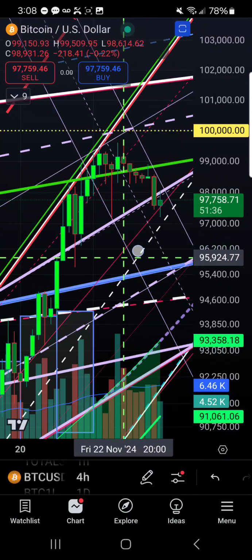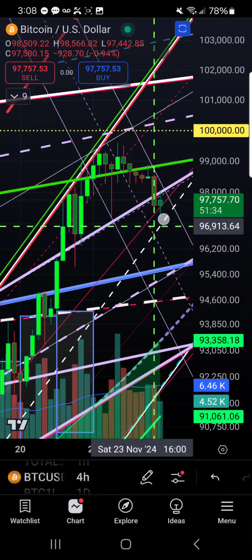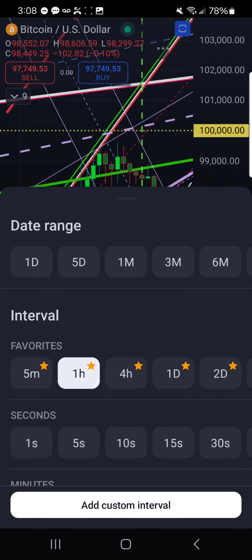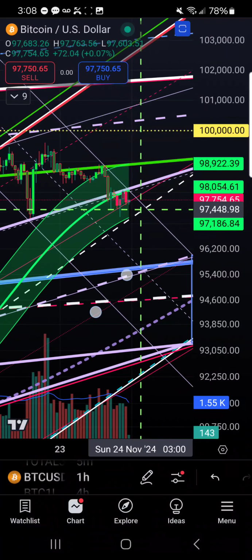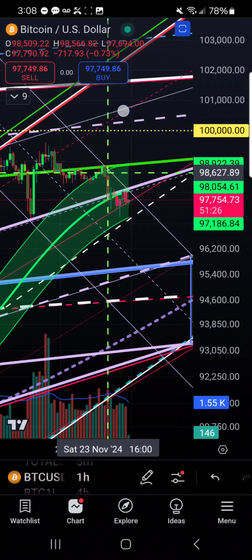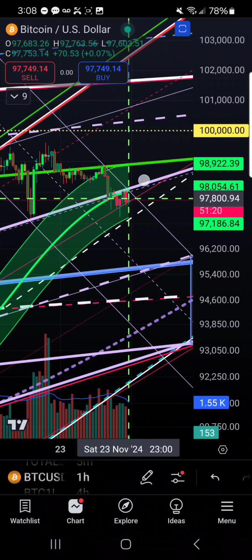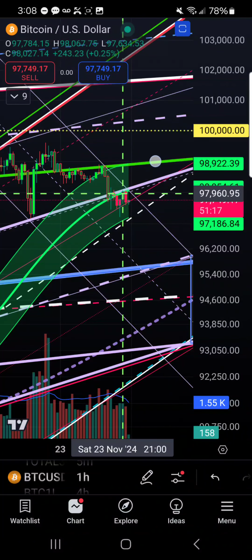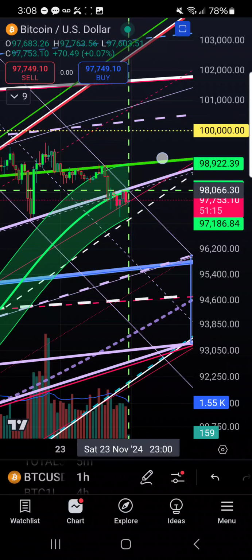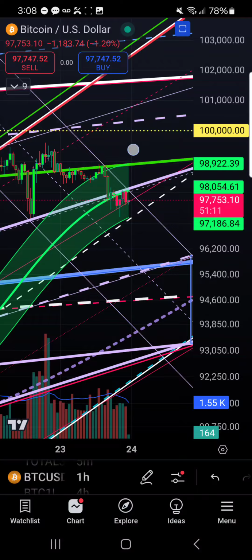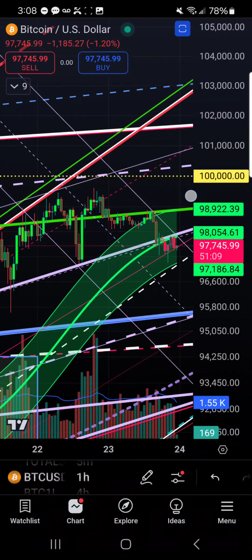When I did that, if we look on an hourly time frame, because that's how I drew it on the hourly, you can see that with these subsequent candles we came down, and this acted as resistance right here. So it's telling me probably an accurate drawing of that channel.